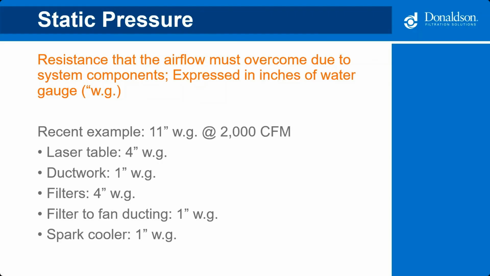And then as the filters themselves age or load with dust that is not pulsed off, will increase the static of the filters themselves. And then the spark cooler would account for another inch. So the total system static, when you add all of those up, would be right at 11 inches. And then the required airflow for this specific table was 2,000 CFM, which is provided generally by the laser manufacturer itself.